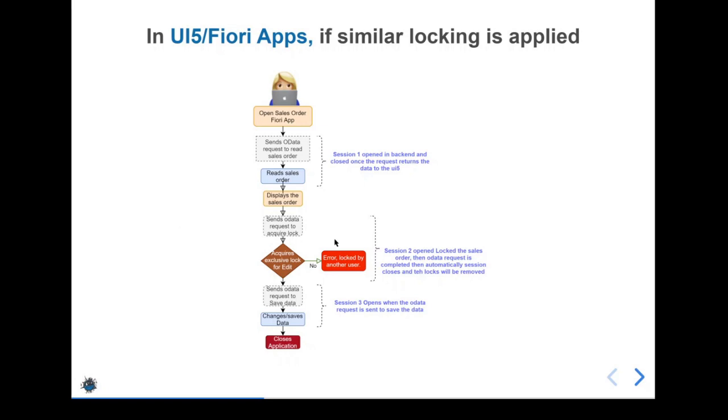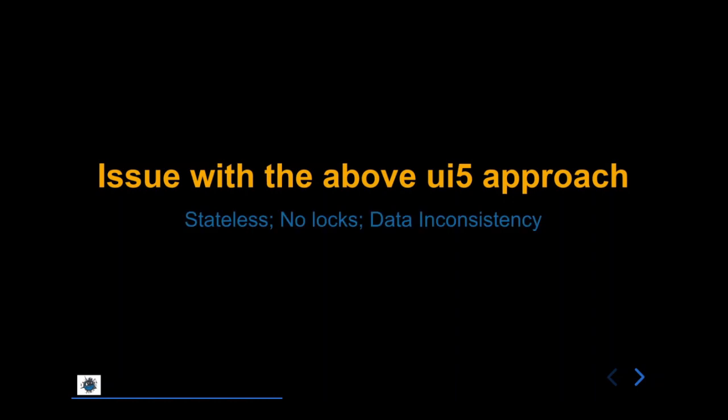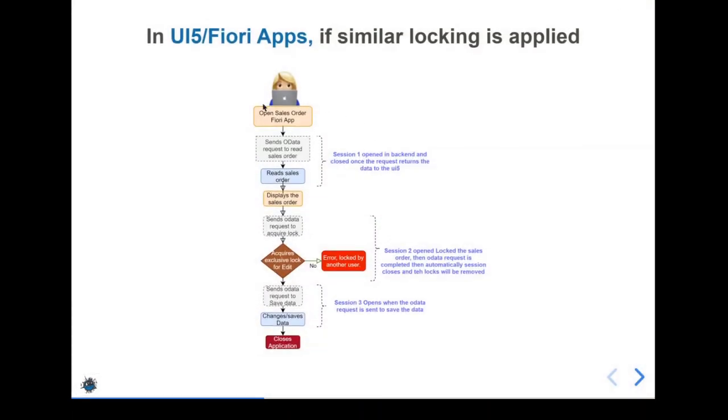Okay, so those are the enqueue locks. Now let's move to the next thing. The issue, I already told you, is that it's stateless. This whole scenario is stateless. Why stateless? Because there was never a session that is maintained. A request was sent, it came back, and the session was closed. So there was no state maintained, and that's why it is stateless.